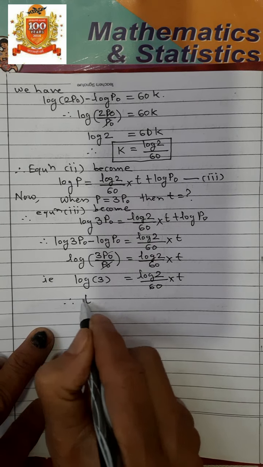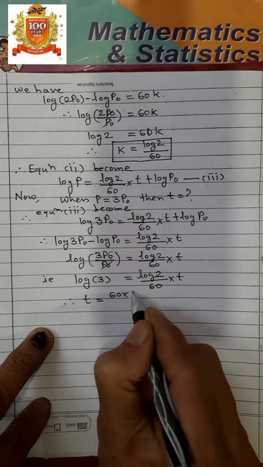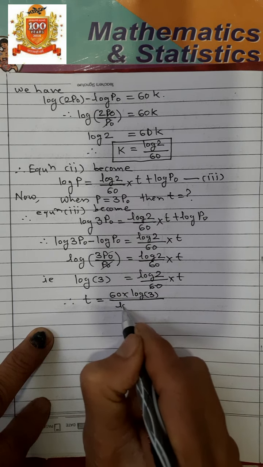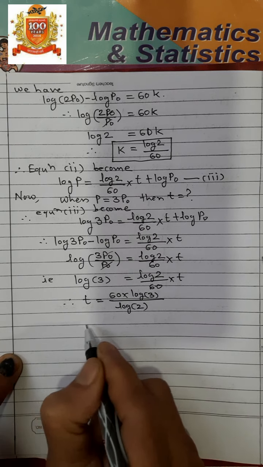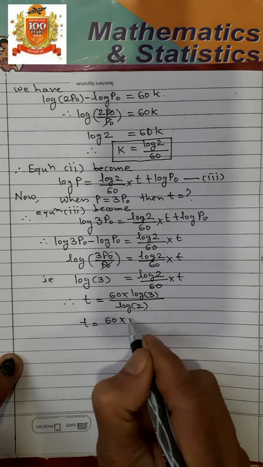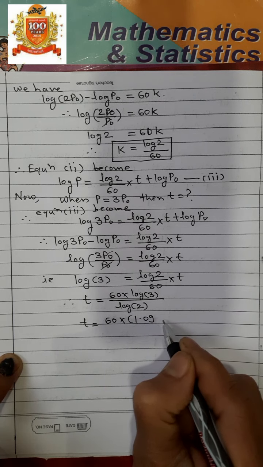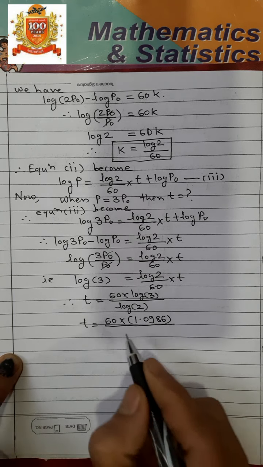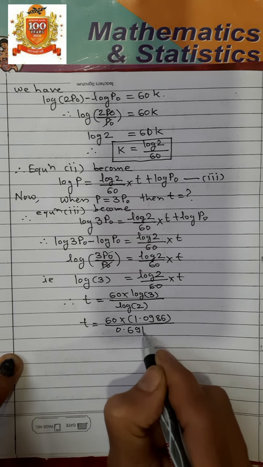Therefore, t is equal to 60 into log 3 upon log 2. We know the values of log 3 and log 2. Therefore, t is equal to 60 into the value of log 3, which is 1.0986, and the value of log 2, which is 0.6912.